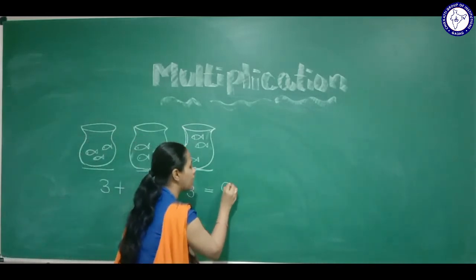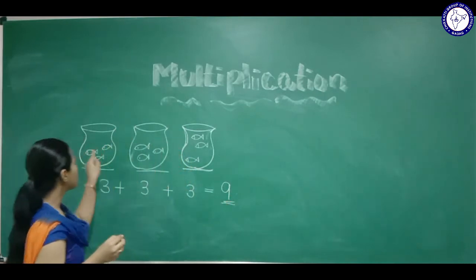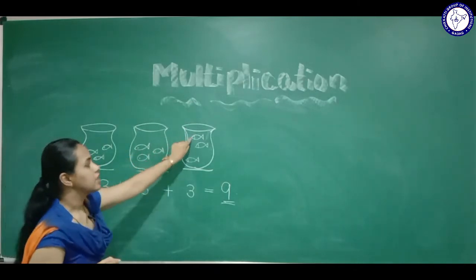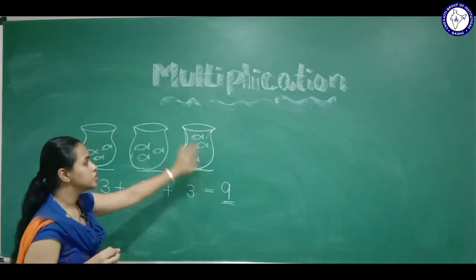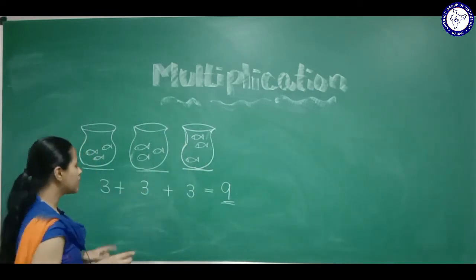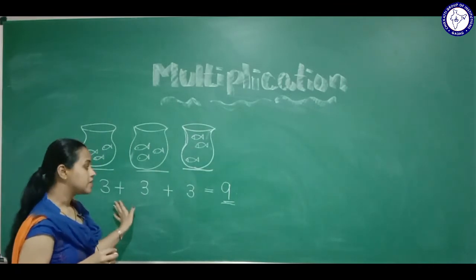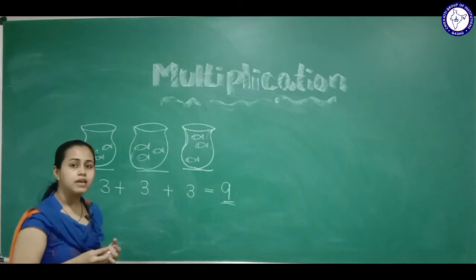So in total we have 9 fish. Can we count? 1, 2, 3, 4, 5, 6, 7, 8, 9. So what we have done here is repeat the same number.